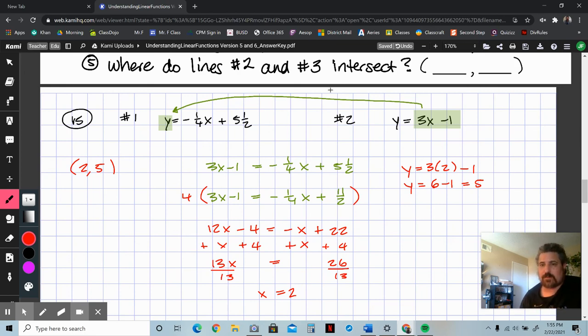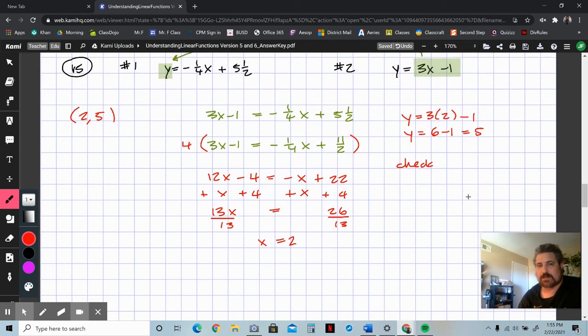Then you can always check it by plugging it into the other line, because it should be a point that's on both lines. So if we check it on the other one, y in this case would be 5. We know that 5 is equal to negative 1/4 times the x value of 2, plus 5.5.